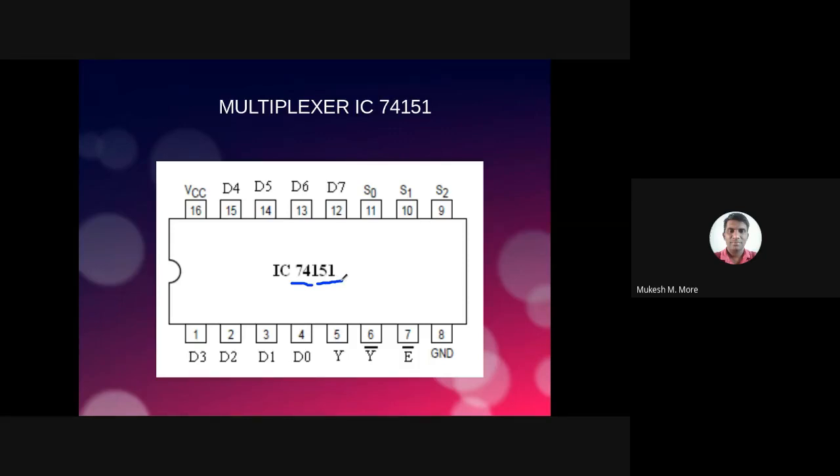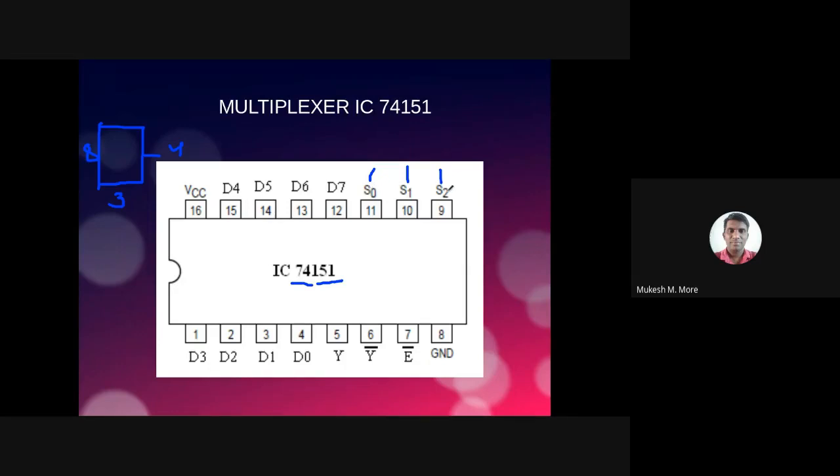As we have seen, if there are 8 input lines, then we have 3 select inputs and an output Y. If you look at this diagram, we have 3 select lines that are S0, S1 and S2.